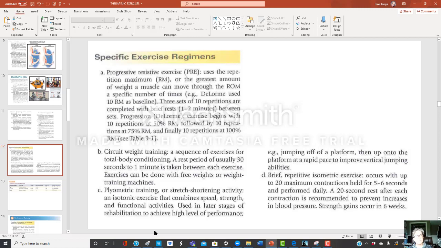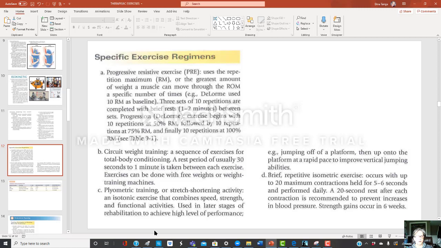PRE uses the repetition maximum or the greatest amount of weight a muscle can move through a range of motion a specific number of times.